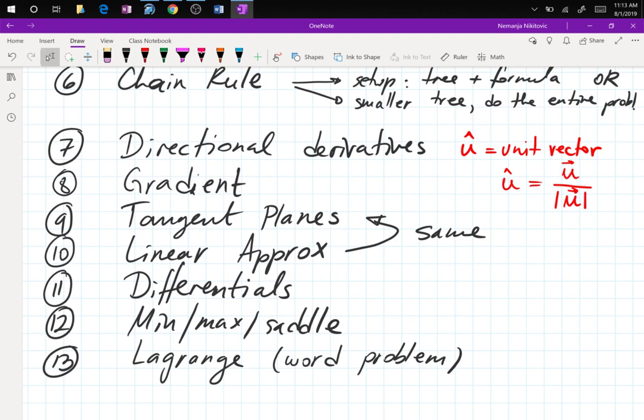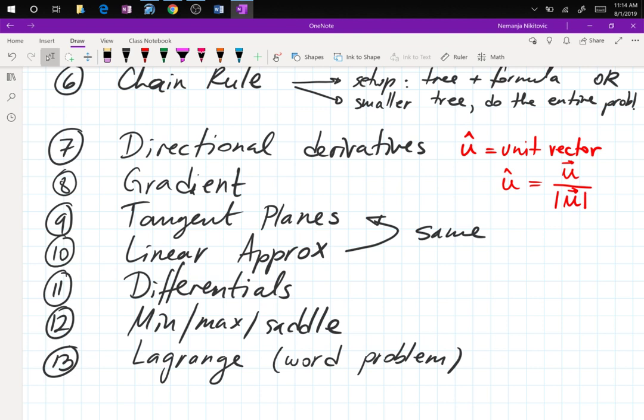And that takes us to min-max saddle, where you have to know the second derivative test, which is that big D formula with fxx times fyy minus fxy squared. That's the formula that does the test. And then the three rules: if D is smaller than 0, if D is larger than 0, if D is equal to 0. So all of those rules.